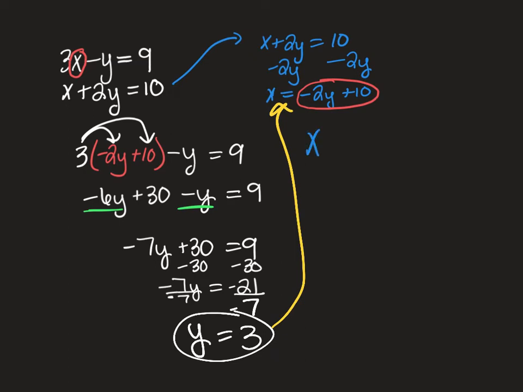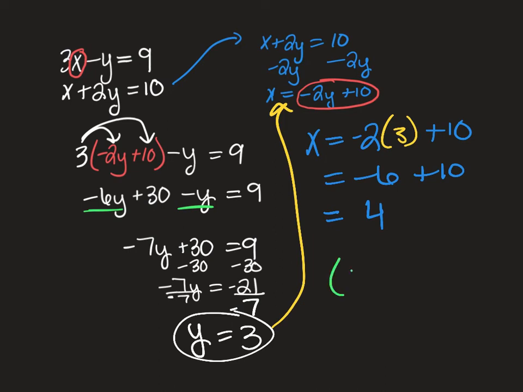So then we get x equals negative 2 times 3 plus 10. So negative 2 times 3 is negative 6. No, because it's negative 21 divided by negative 7. And then you get a positive 4. So then our final answer, which we write as an ordered pair, should be 4, 3. So x and then y.